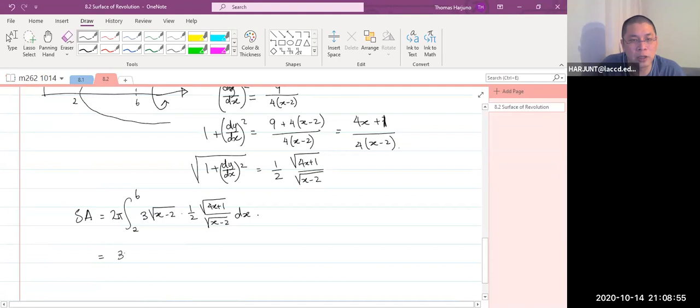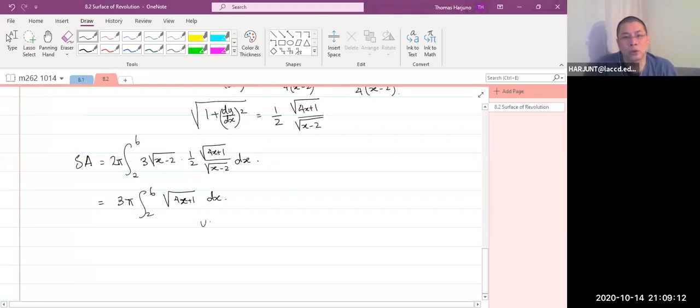This becomes 3 pi integral from 2 to 6 of square root of 4x plus 1 dx. So u equals 4x plus 1. It's kind of boring at this point. Everything after this is technique of integration.